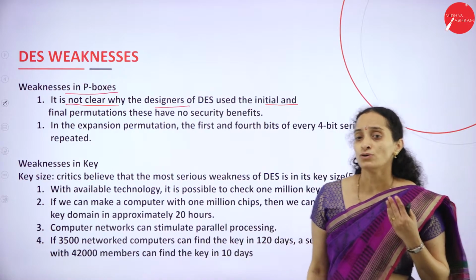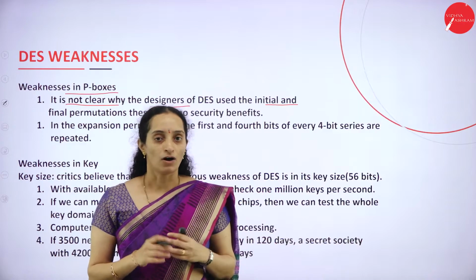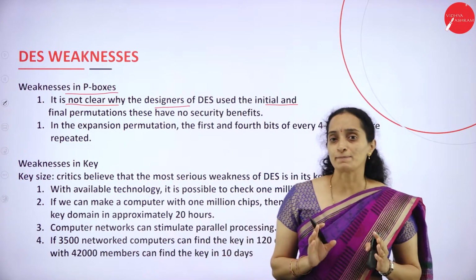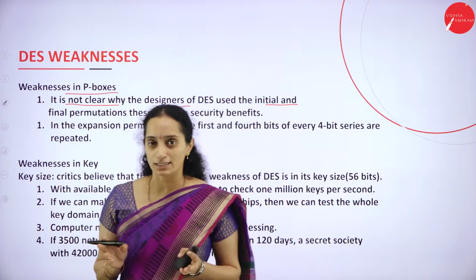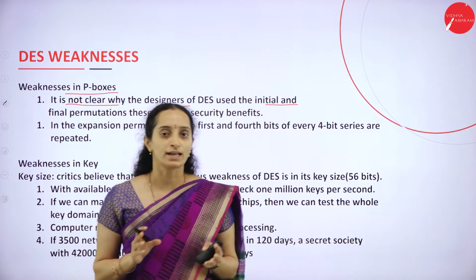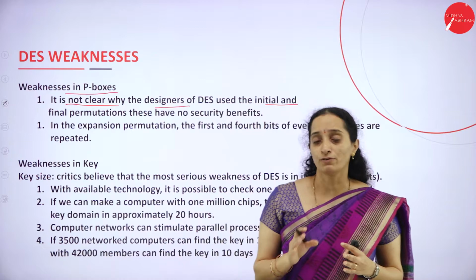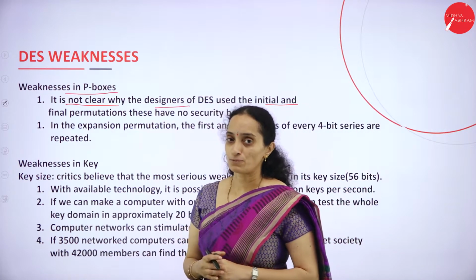Even if you don't use the initial and final permutation, the encryption and the decryption will not change much. Security and other criteria will remain the same even if you skip the initial and the final permutation.